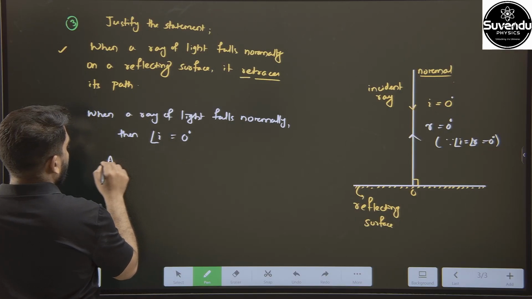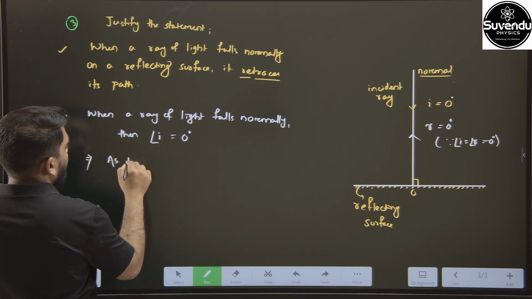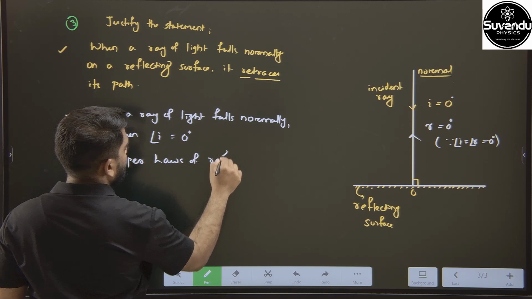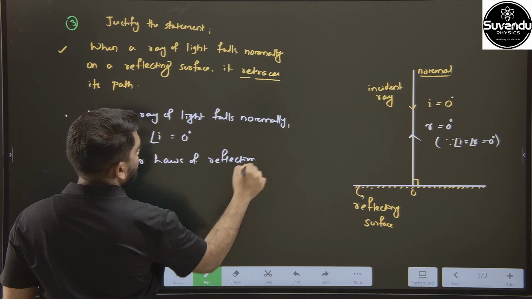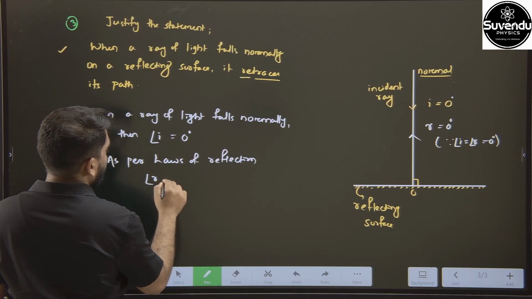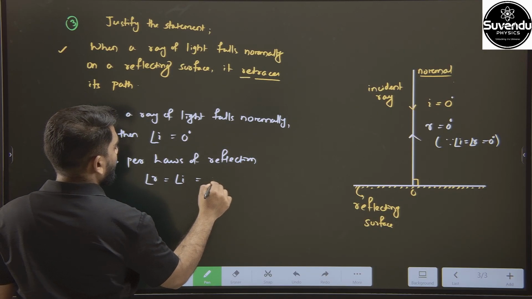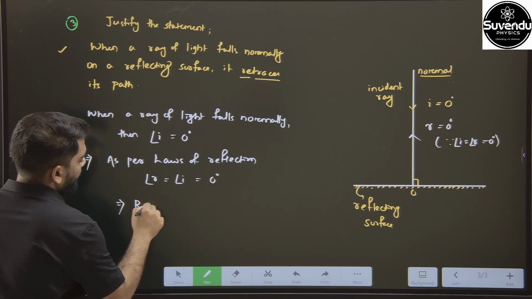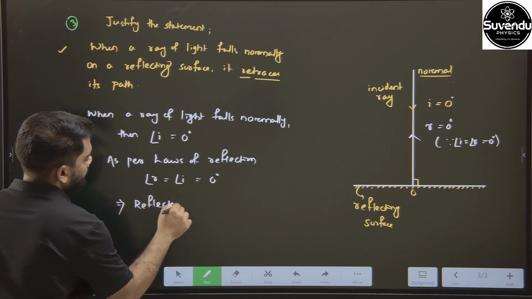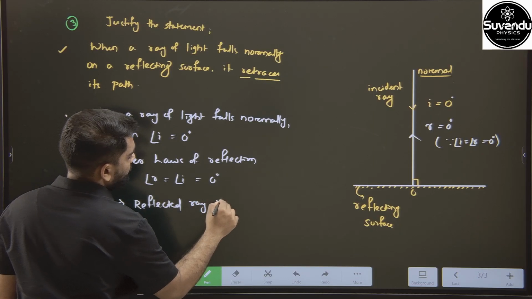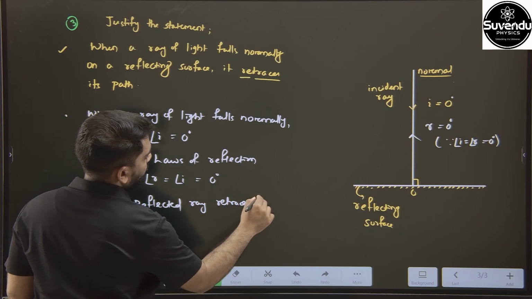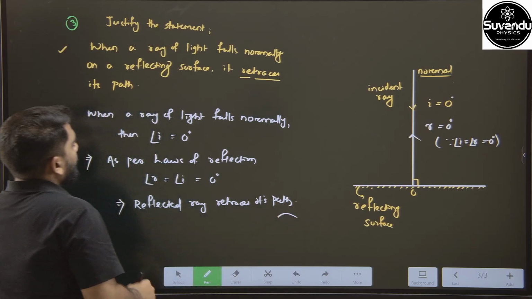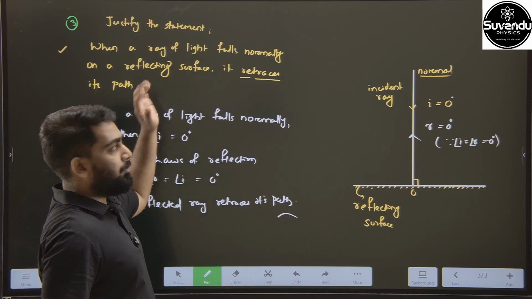As per, which implies as per laws of reflection, angle R is equal to angle I, that will be equal to 0 degree. That means reflected ray retraces its path. This is the justification of this statement.